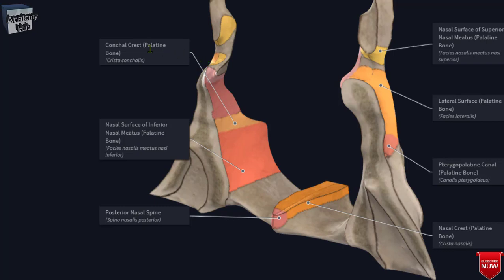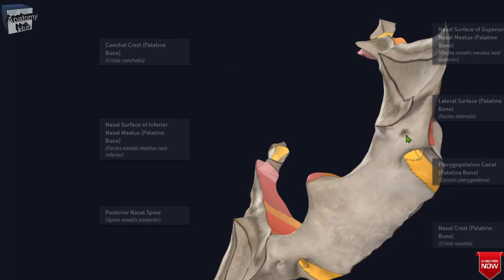Here you will find the conchal crest of the palatine bone, and here the nasal surface of the inferior nasal meatus, and the nasal surface of the superior nasal meatus. Here you will find the lateral surface of your palatine bone, and the pterygopalatine canal within this palatine bone, which opens to this greater palatine foramen.